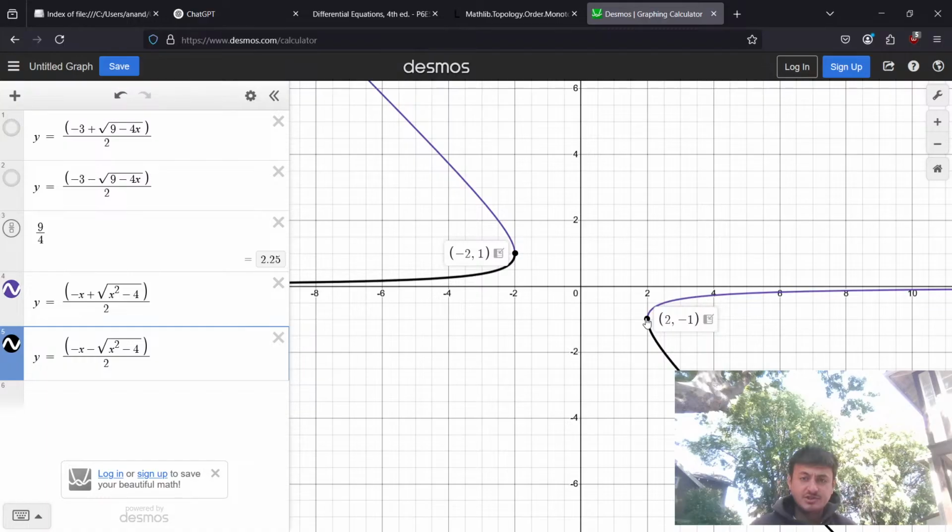So the bifurcation value is a equal to plus or minus 2. So we have two bifurcations in the system.